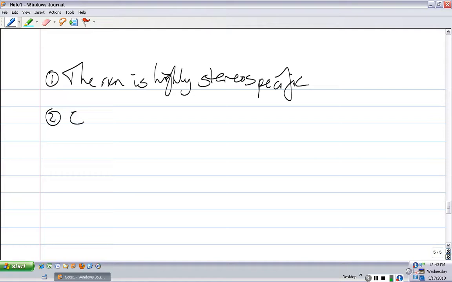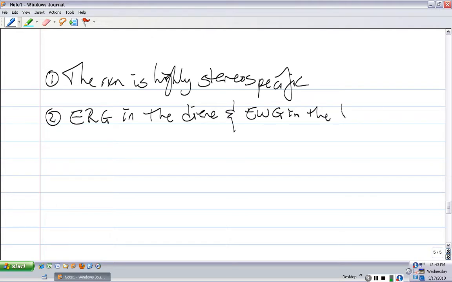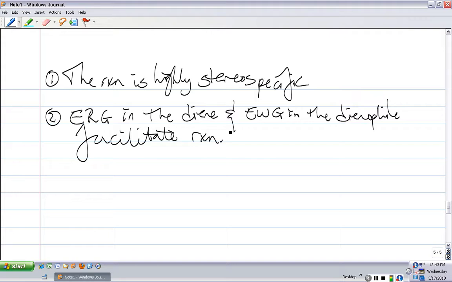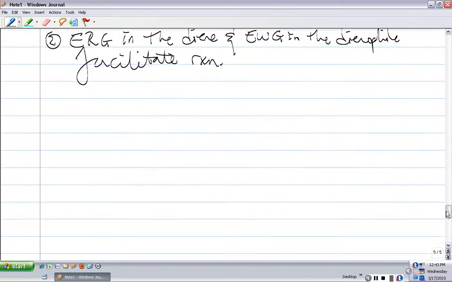Two, electron releasing groups in the diene and electron withdrawing groups in the dienophile facilitate the reaction. So what does it mean when we say the reaction is highly stereospecific?